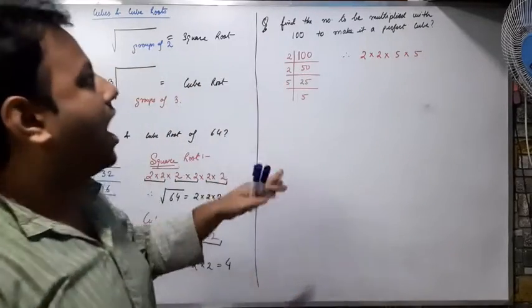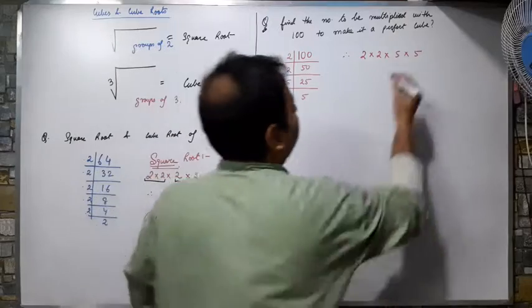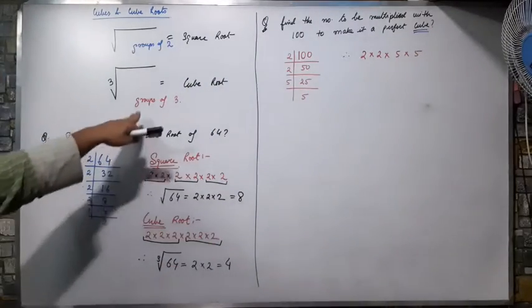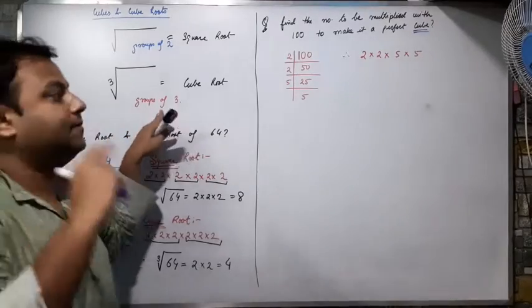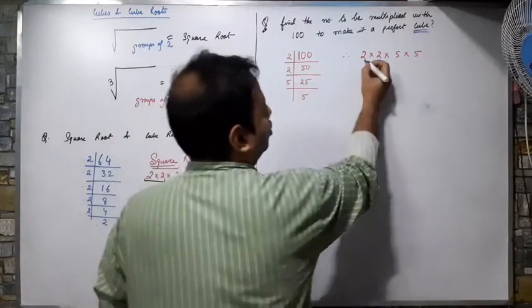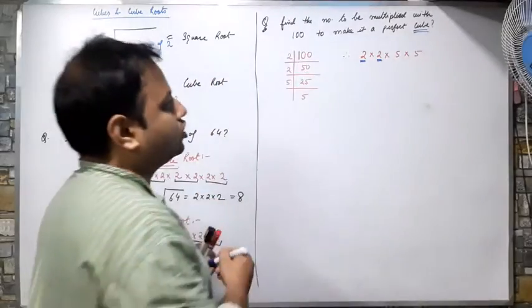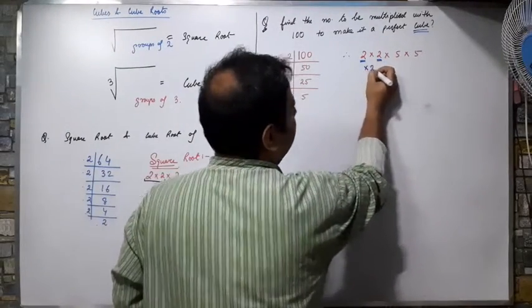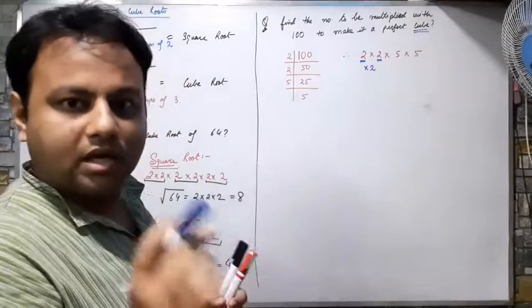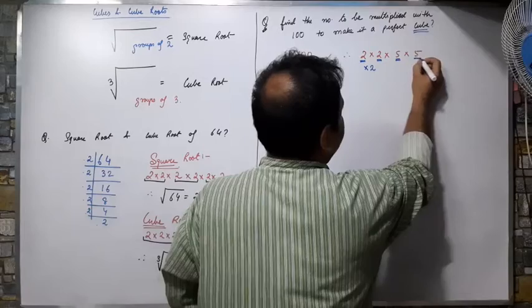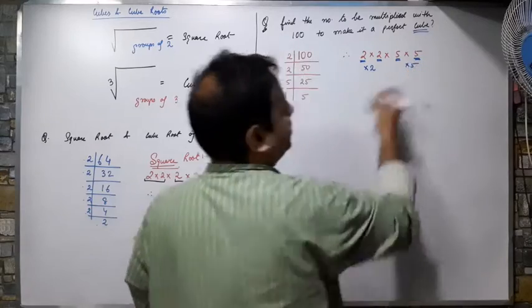Now I have to make it a perfect cube. To make a perfect cube, I have to take groups of 3. So here only two 2's are present. I need one more 2, so I must multiply one more 2 here. Correct? Now there are only two 5's. I must multiply one more 5 here.